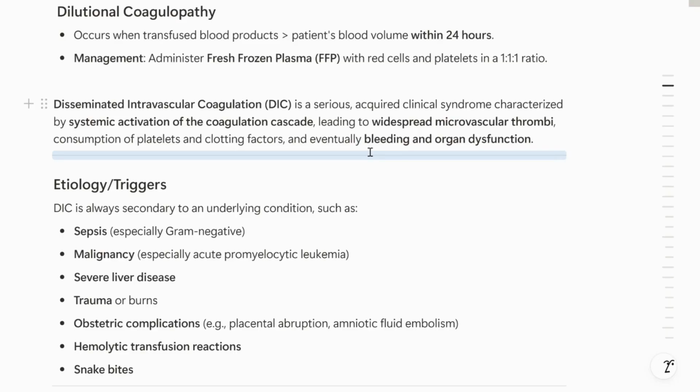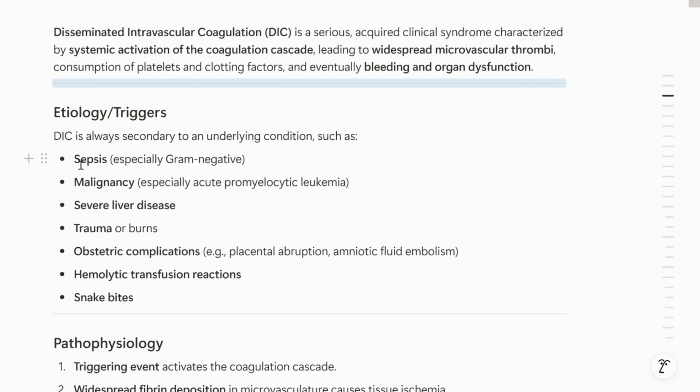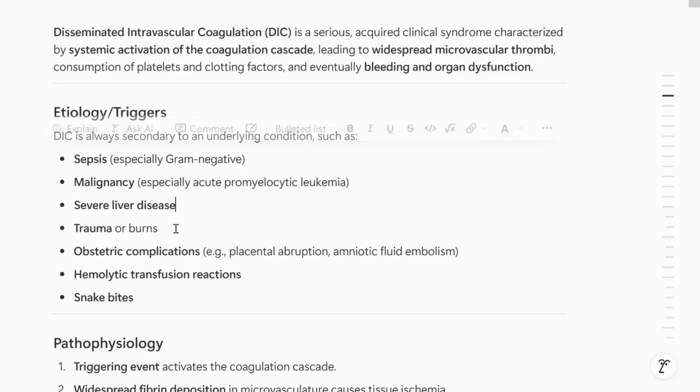Regarding its etiology, it is caused by sepsis, malignancy, severe liver disease, trauma and burn patients. Obstetric complications like placental abruption or amniotic fluid embolism can be one of the triggering factors, and hemolytic transfusion reactions and snake bites are other etiologies.